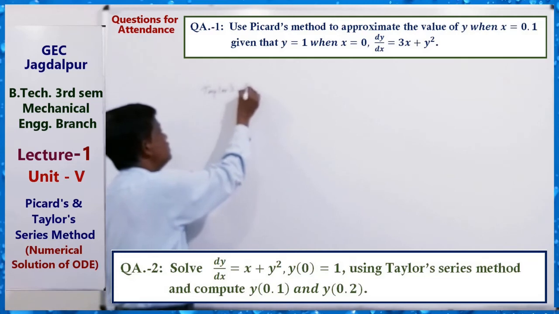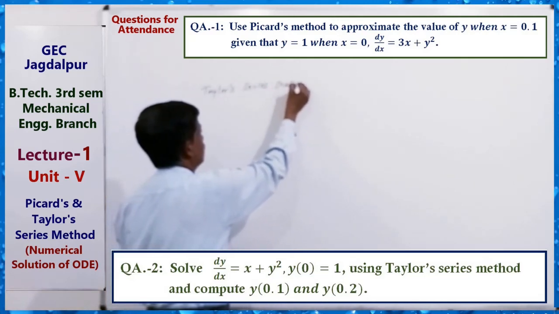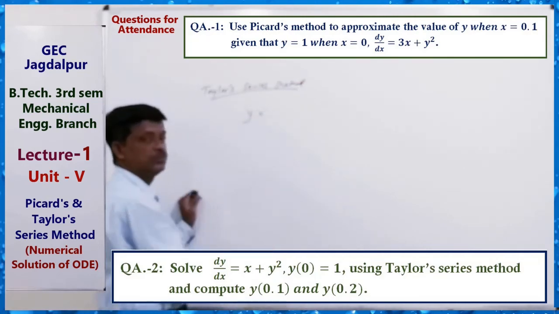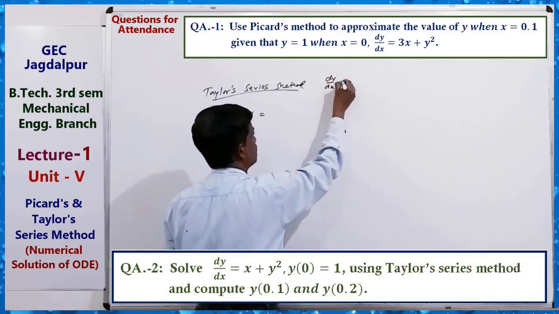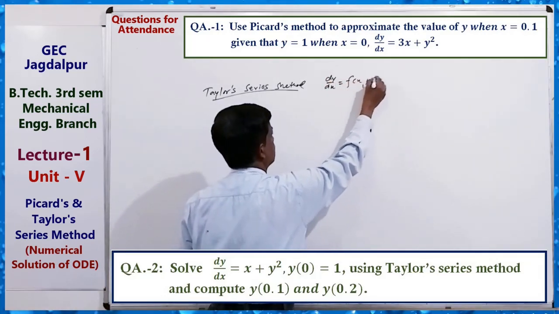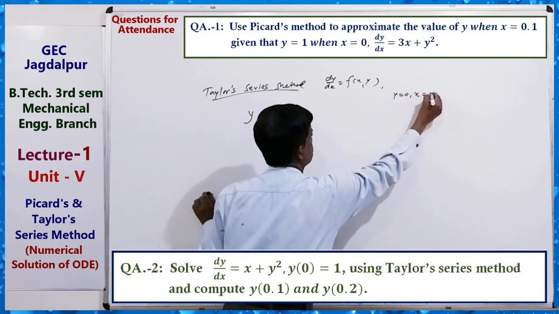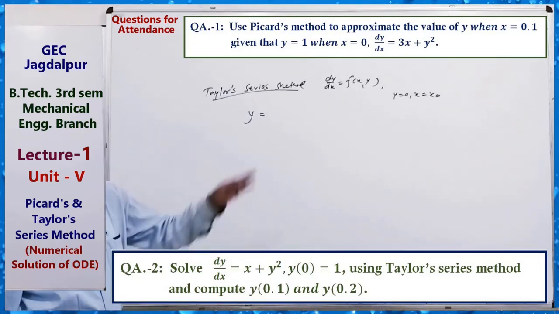In the Taylor series method, what do we know? The equation is dy by dx equals f(x, y), with y equals y0 at x equals x0. This is our initial value problem involving a first order derivative.